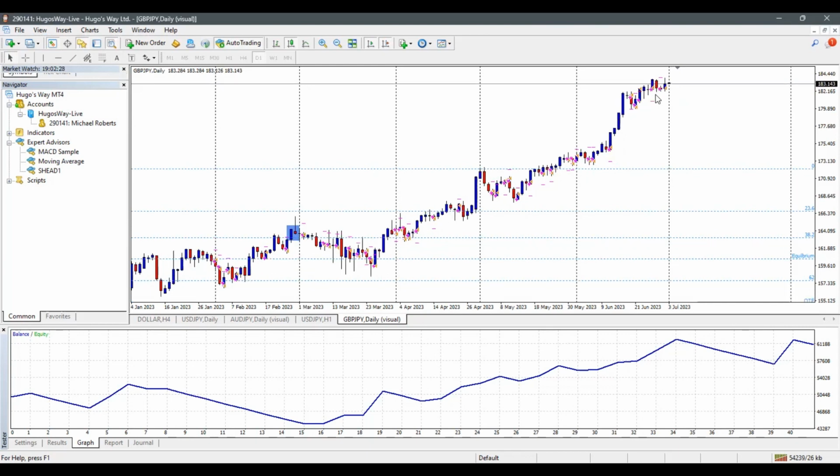If you want to be successful with this robot, please run it on the daily time frame, because on the daily time frame, the robot has access to data, and the data feed coming into the robot, even now on the strategy tester, is from the H4, H1, M30, M5, all the way down to the M1. So there's a wide range of data, and more accurate data, for the robot to work with.